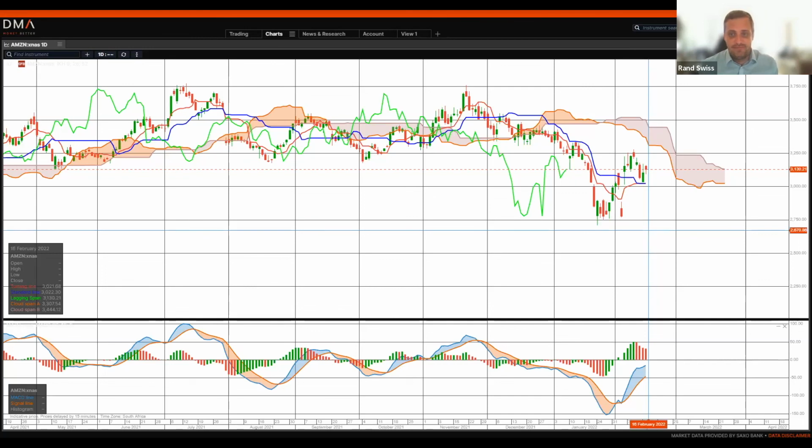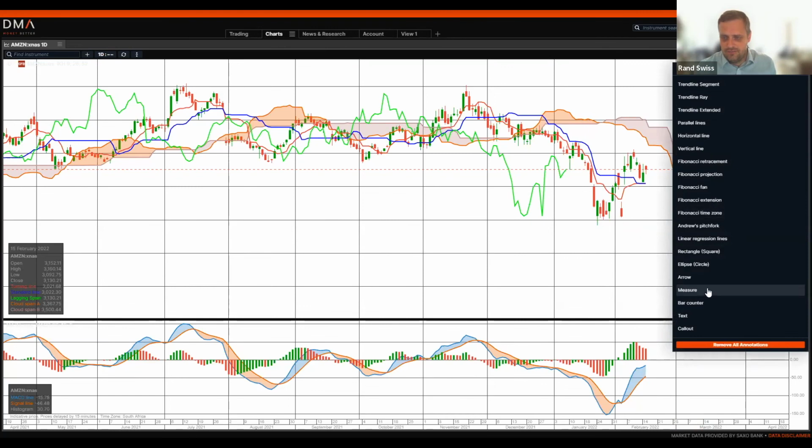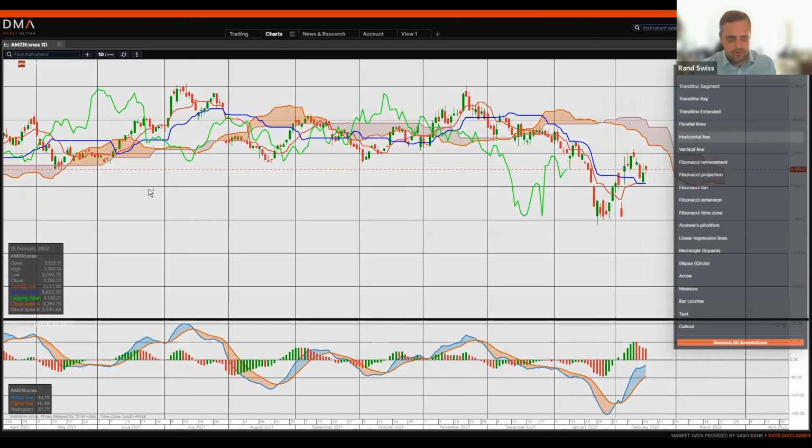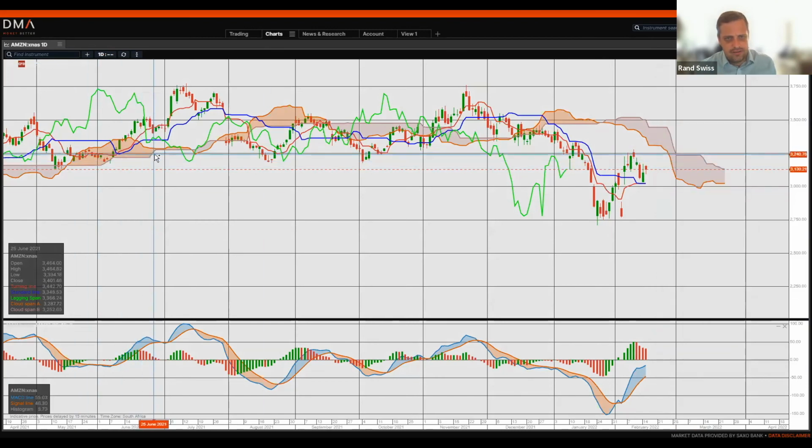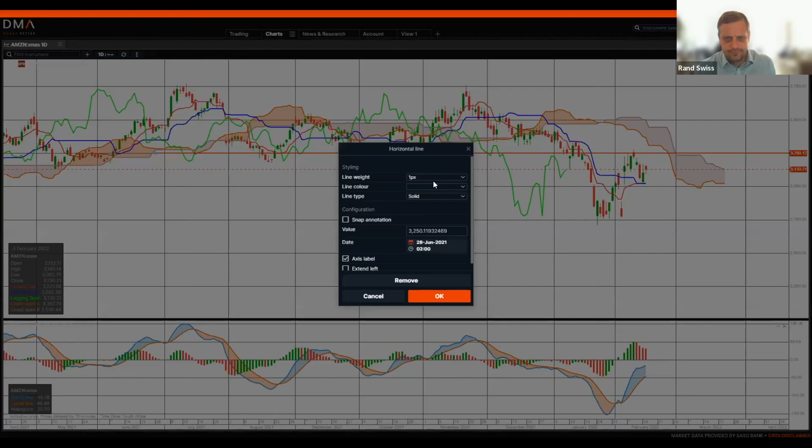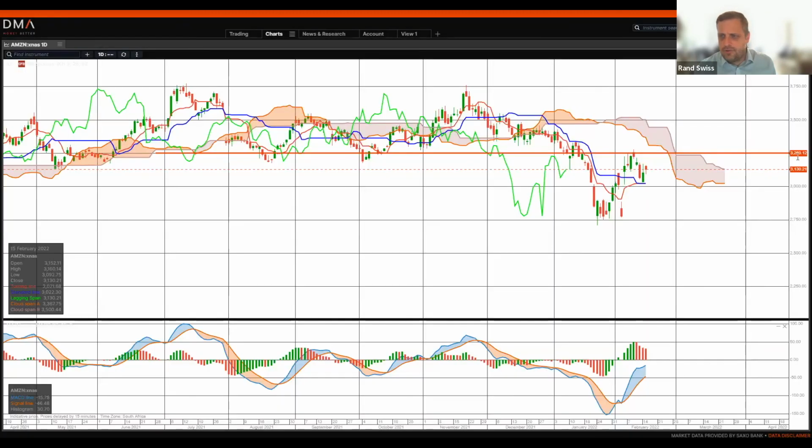I can't really say. What we do notice though is if we draw a horizontal line, there it is. You can see that this little area at 3,250 was support for a bit, then broke down. And what happened the moment Amazon got there?